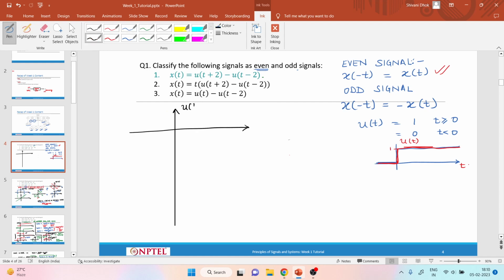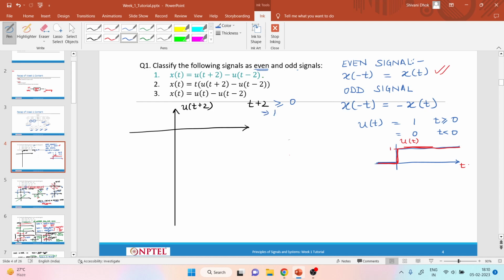So I am looking at u of t plus 2. Now we know that u of t is equal to 1 from t equal to 0. So this u of t plus 2 will be 0 when t plus 2 is less than 0, and for all values of t that satisfy t plus 2 greater than or equal to 0, it will take a value of 1, from this definition.